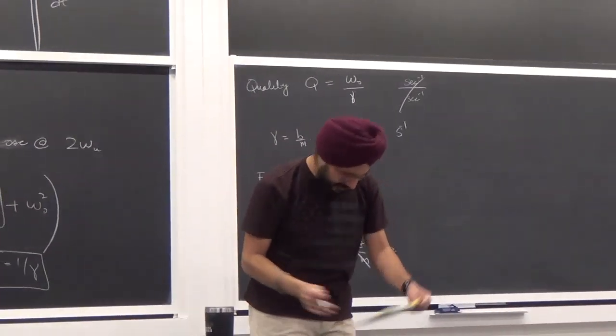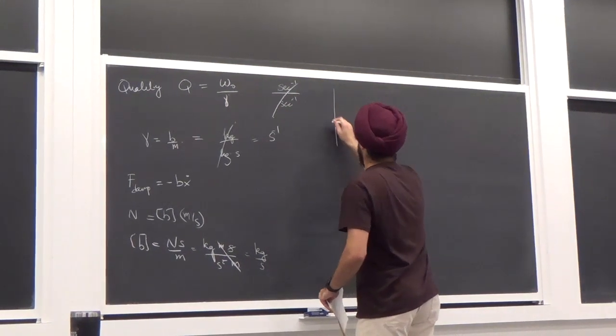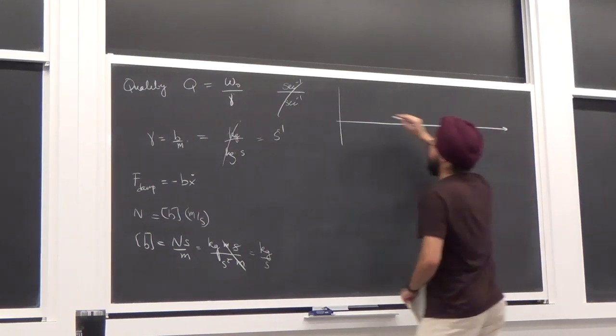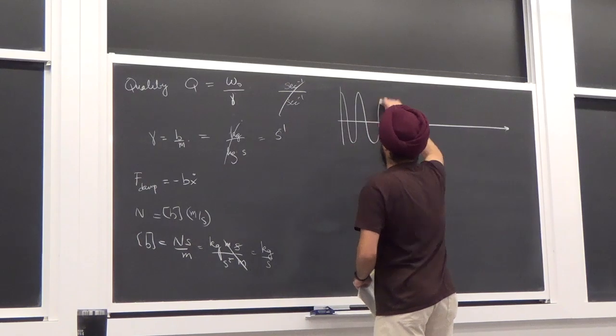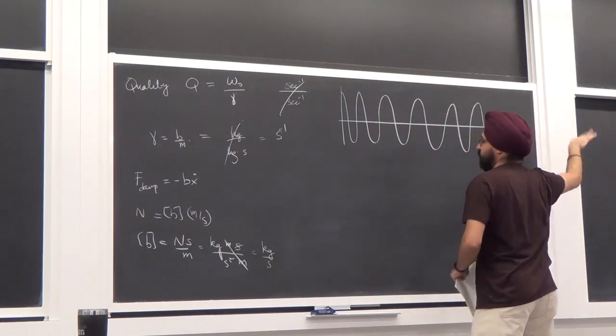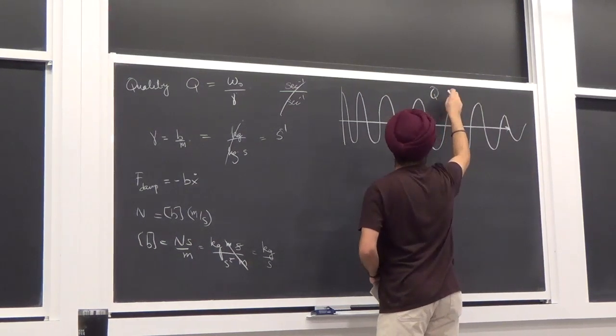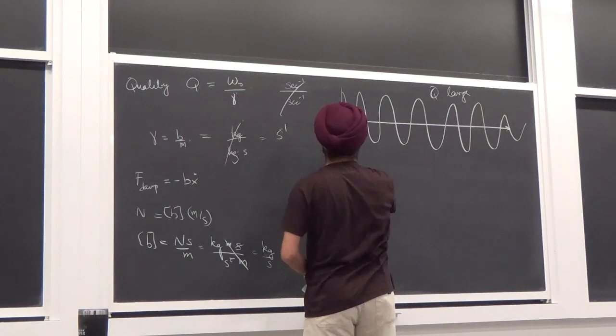It compares the natural frequency versus the damping. And this is how it looks. If I have a very lightly damped oscillator, it'll keep on going for a long time. So this is large Q because omega naught is large.